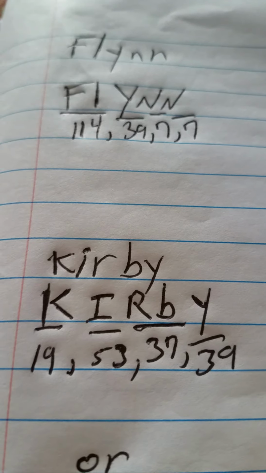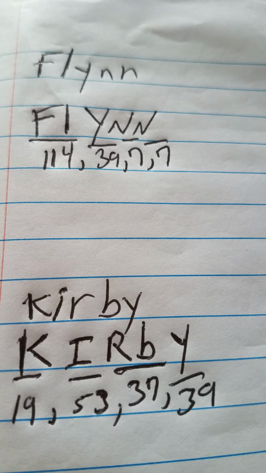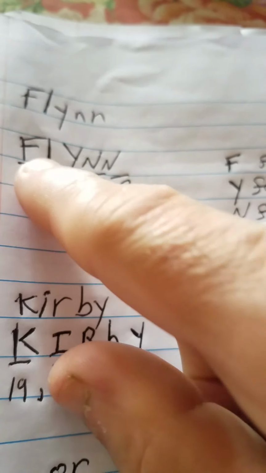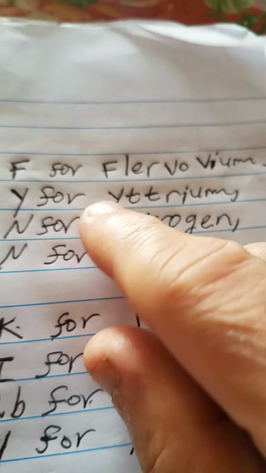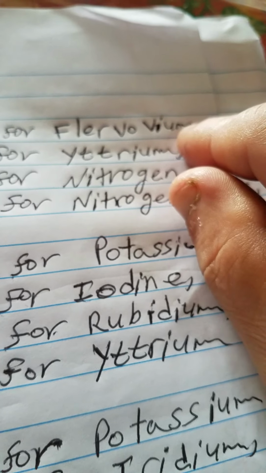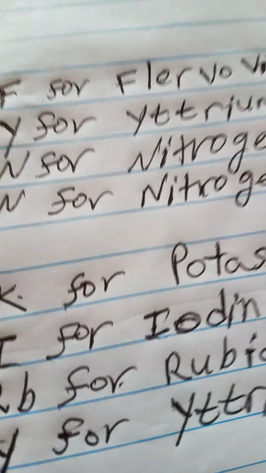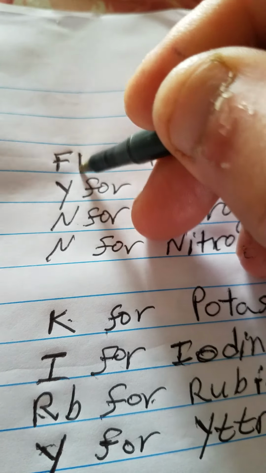Let's take, for example, the name Flynn. Flynn is capital F-L-Y-N-N. If you look at it, the capital F and the small l, FL, stands for Flerovium, atomic number 114.